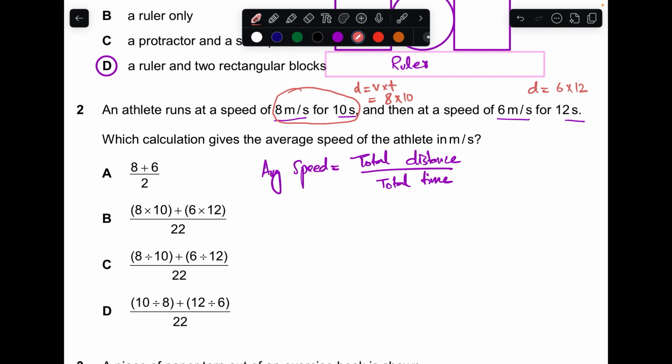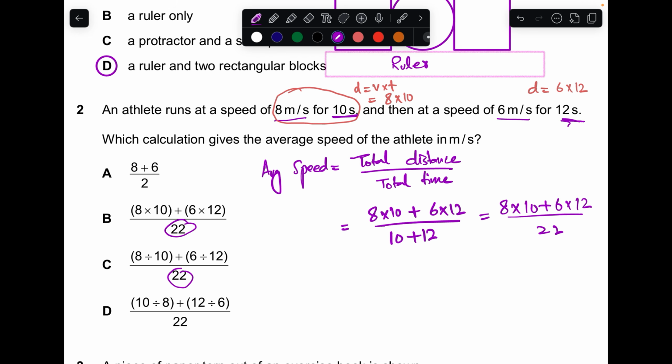The sum of the distances, the total distance, is 8 into 10 plus 6 into 12, and the total time was 10 seconds and then 12 seconds, so it is 10 plus 12. We don't have 10 plus 12 but we have this 22 on the bottom. So this will give you 8 into 10 plus 6 into 12 divided by 22. It's option B that is correct.